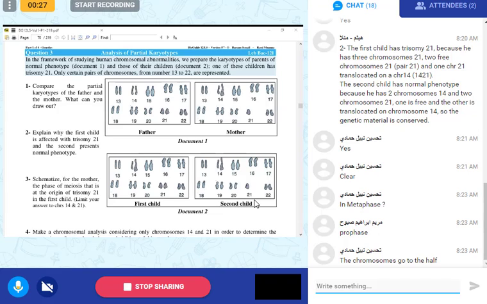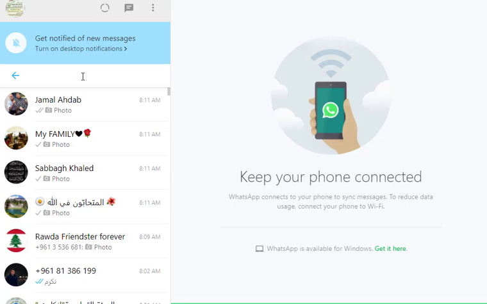So what could happen here? What could happen here is that when they separate, so in which phase do you think chromosomes separate? Tahsin, in which phase do you think chromosomes separate?